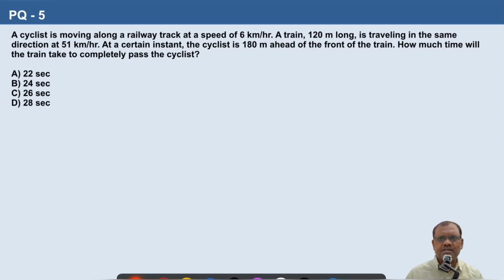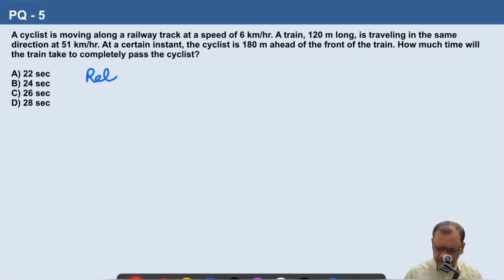So here the person as well as the train both are moving in the same direction. Since they are moving in the same direction, we have to find out their relative speed by subtracting the speeds. So what is the speed of the train here? 51 kilometers per hour.